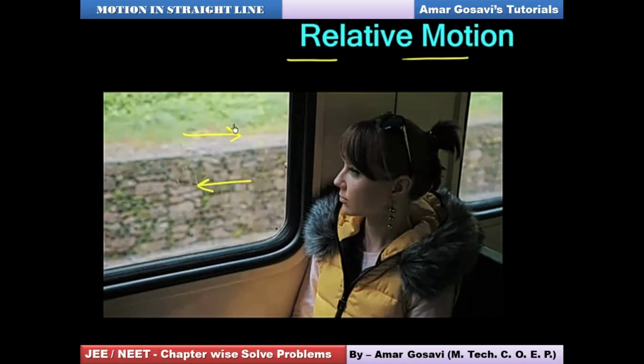So the motion is a relative concept basically. It will depend on the perception of the observers. And today we are going to understand relative motion in greater detail because we would be applying the concept of relative motion for solving problems. All right, friends.